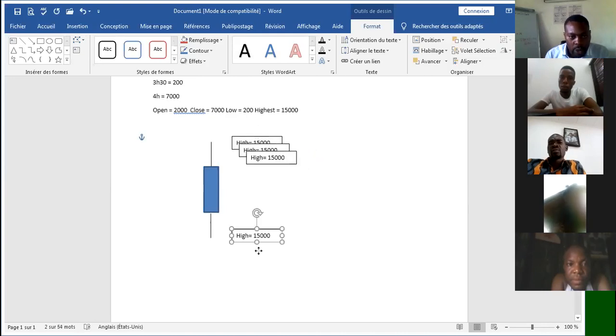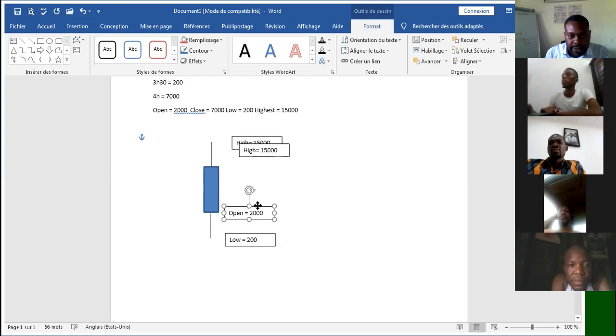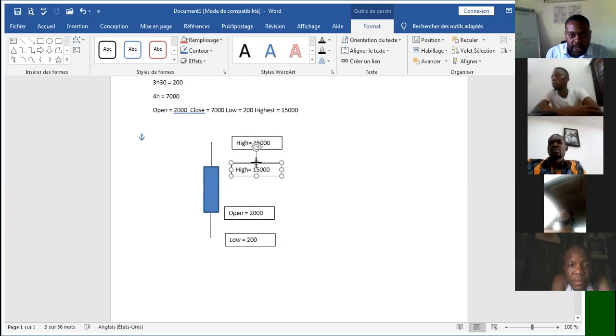Our lowest price was 200 francs. Our open price was 2,000 francs. And our close price was 7,000 francs. My brothers, this is our first candlestick.